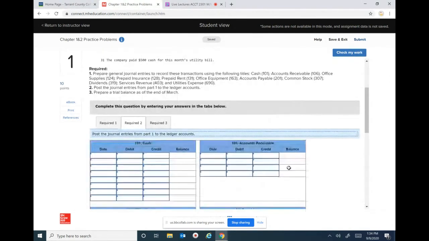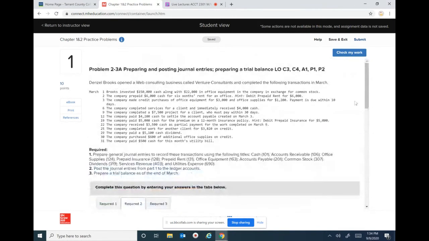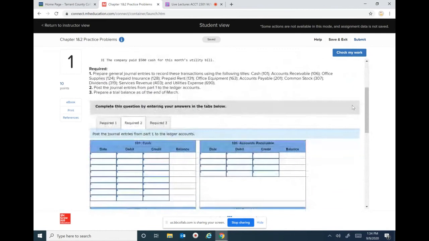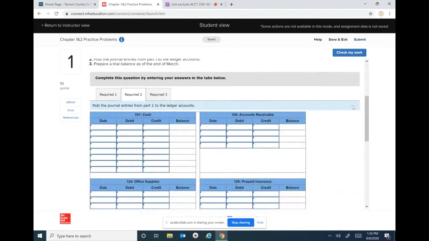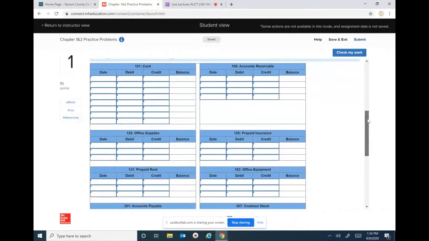So the second thing that we're going to do is post the journal entries from part one to the ledger accounts. Those T accounts that I like using all the time, there's a lot of them. They're housed, so to speak, in the general ledger, and you can see how they are organized in the order of the basic accounting equation.